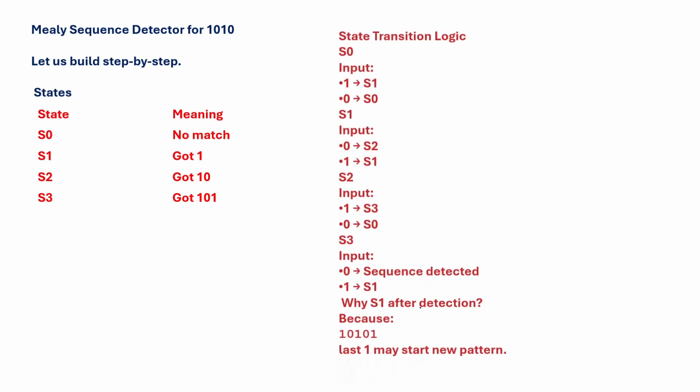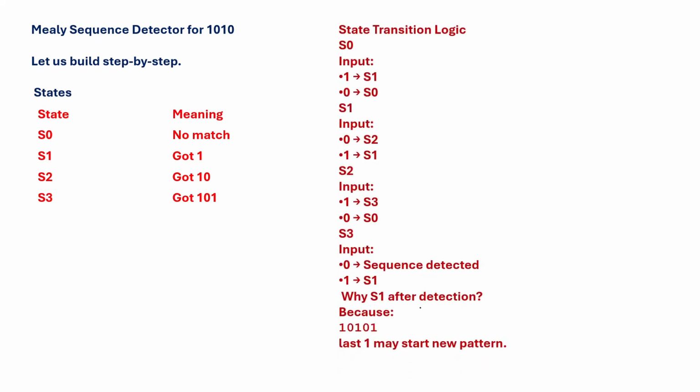Okay, so that is the sequence detector. The Mealy sequence detector, step by step: state 0 is no match, state 1 got 1, state 2 got 1 0, and state 3 got 1 0 1. So how will the transitions happen?